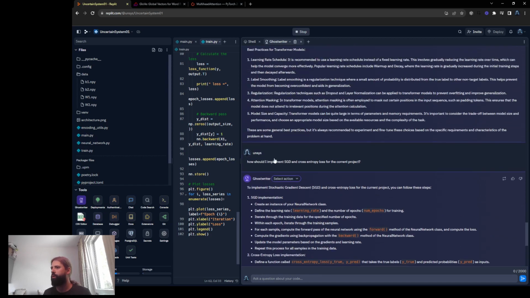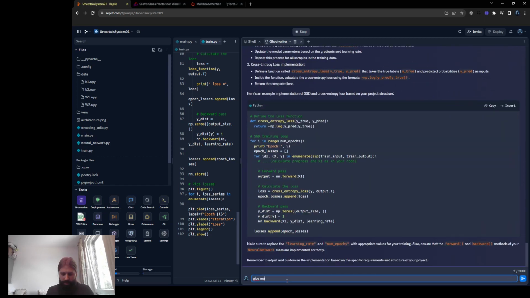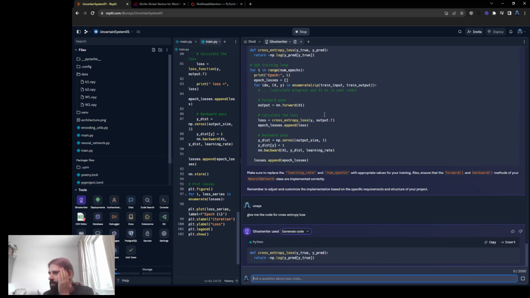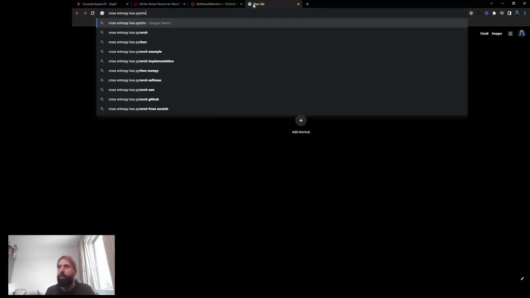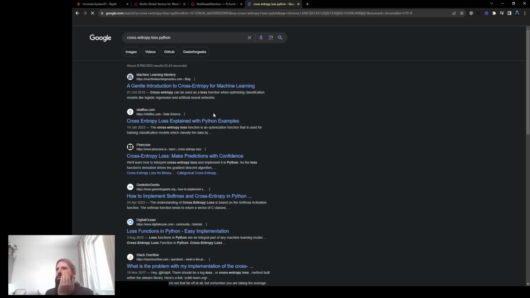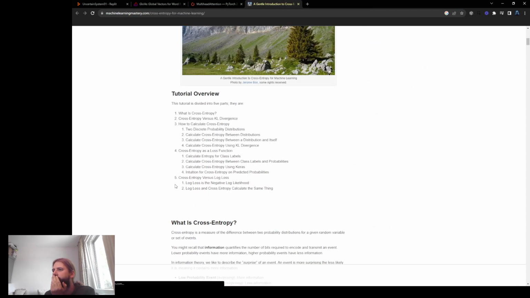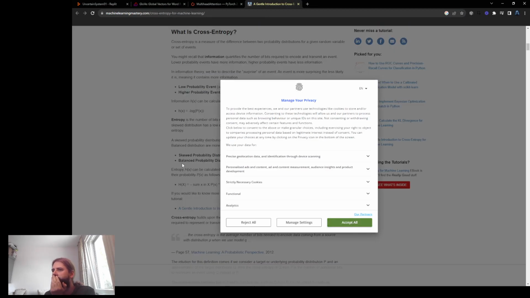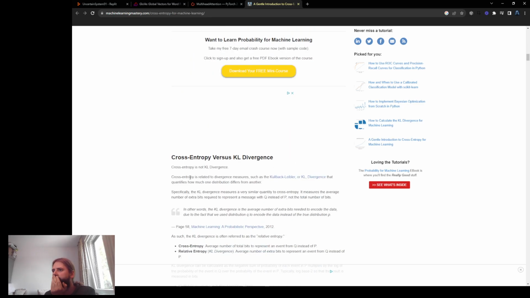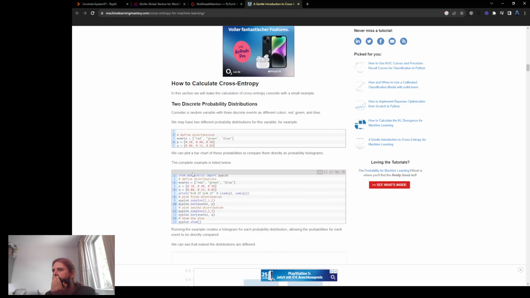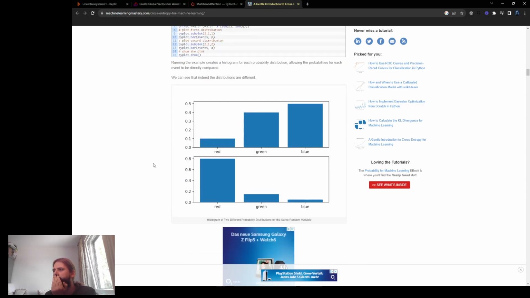Cross entropy loss. So give me the code for cross entropy loss. Is it like that? Cross entropy loss Python. Yeah, is it really cross entropy machine learning? Cross entropy loss.